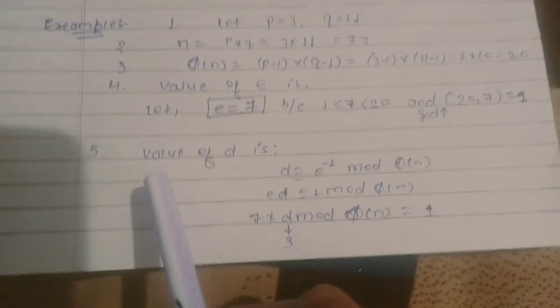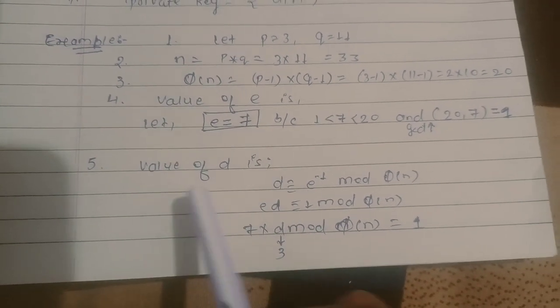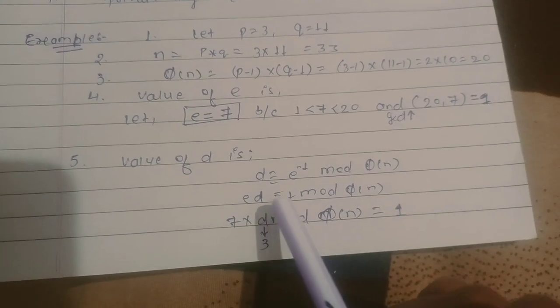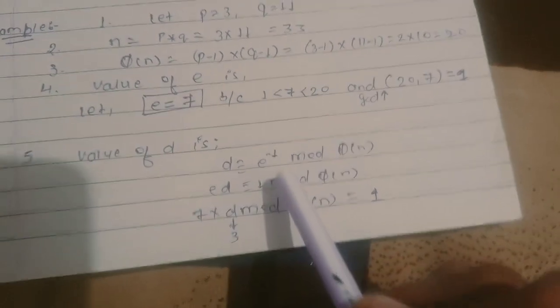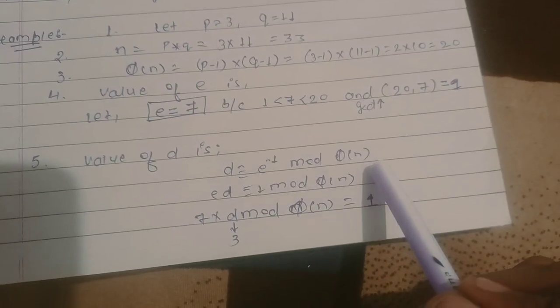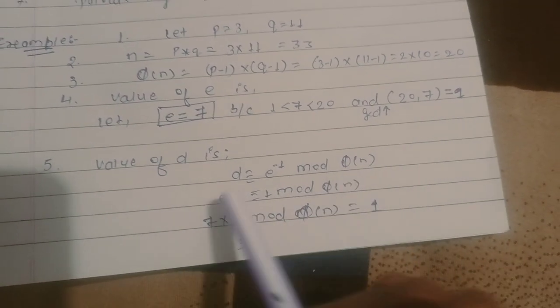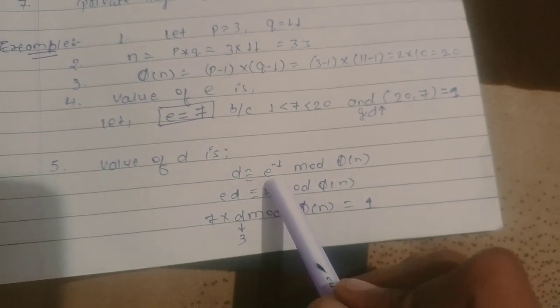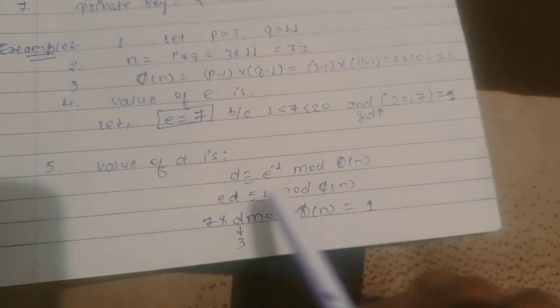The next step is the calculation of the value of d. To calculate d we have to follow a formula: d is congruent to e inverse mod phi n.